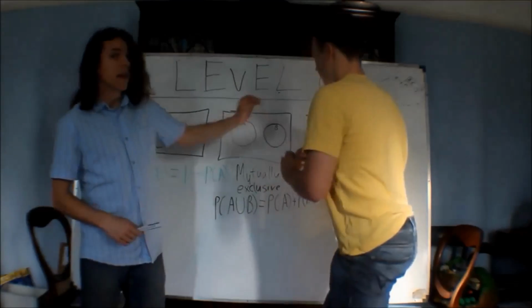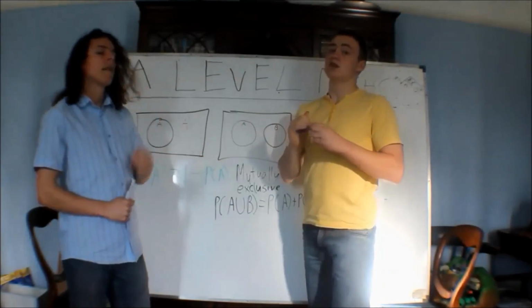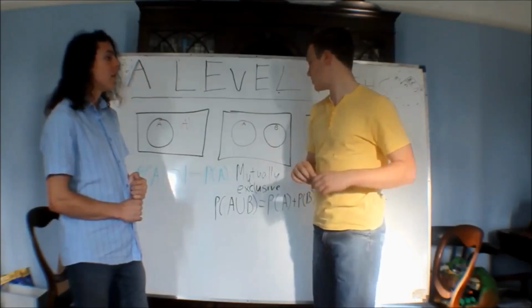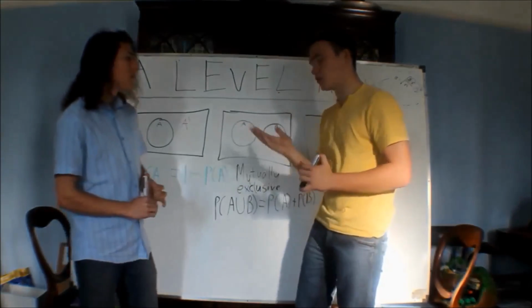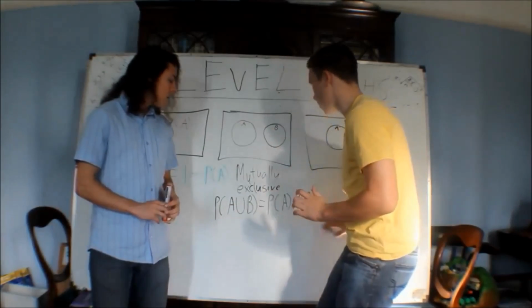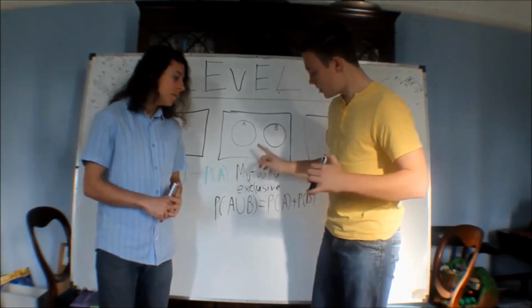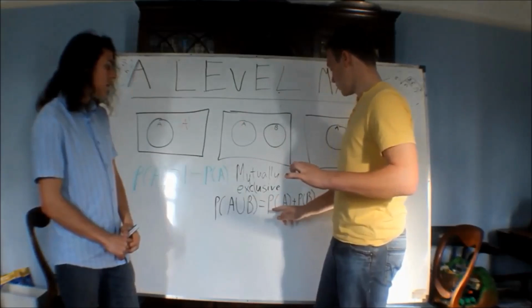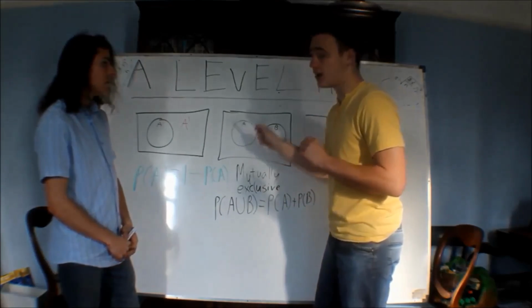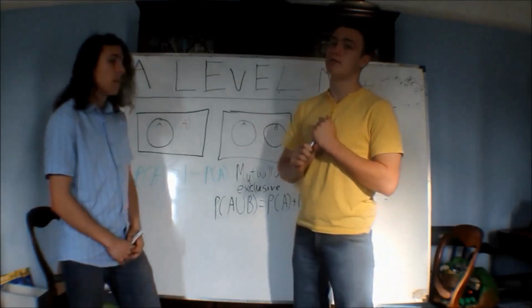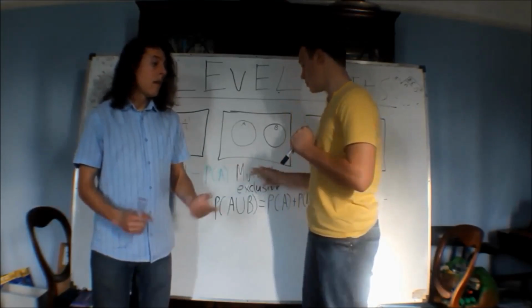Yeah, only if these circles are separate. If they're not mutually exclusive, there's something else, and we'll come on to that in just a second. There'll be 2 events like that, and like Triv gave you the example, and that's another equation you have to know. The only thing you really have to remember about this is that it means or. It could be event A or event B, but not both in this case, because it's mutually exclusive.